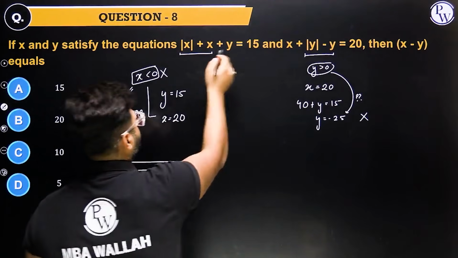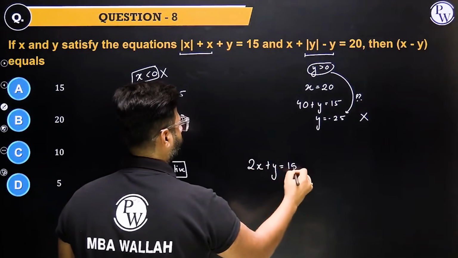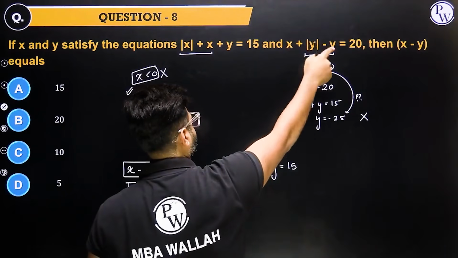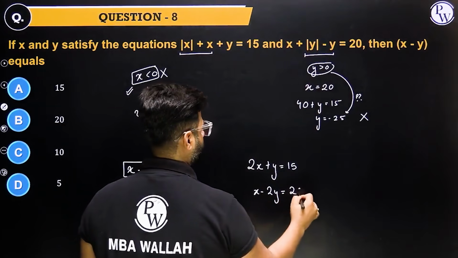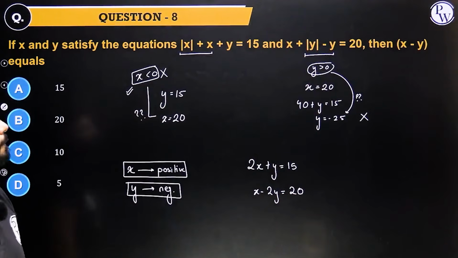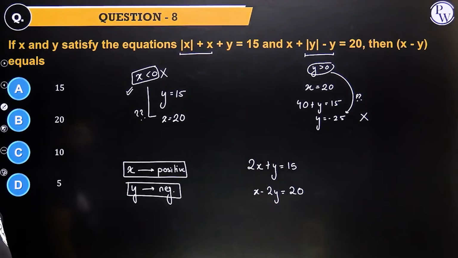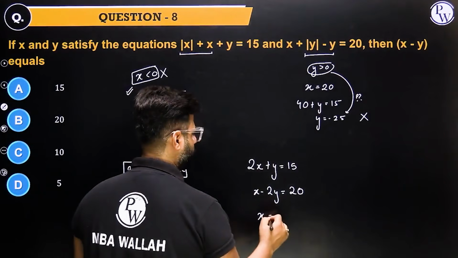So if x is positive, this equation becomes 2x plus y equals to 15. If y is negative, this opens up with a minus sign, x minus 2y equals to 20. Done. We need to calculate x minus y, we can easily get. From here, let's put x equals to 20 plus 2y.